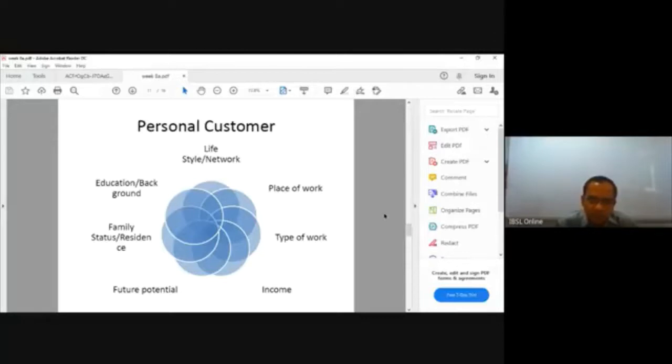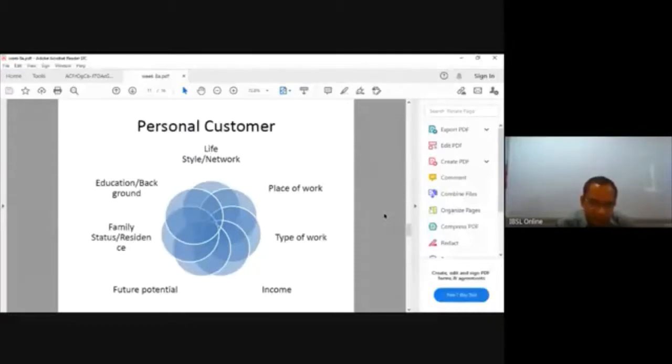So for a personal loan, or a corporate loan where somebody is involved, a managing director or somebody in a private limited liability company, a person, what are the things you will look at? You will have to look at what is his education, his background, where he's coming from, where educated.